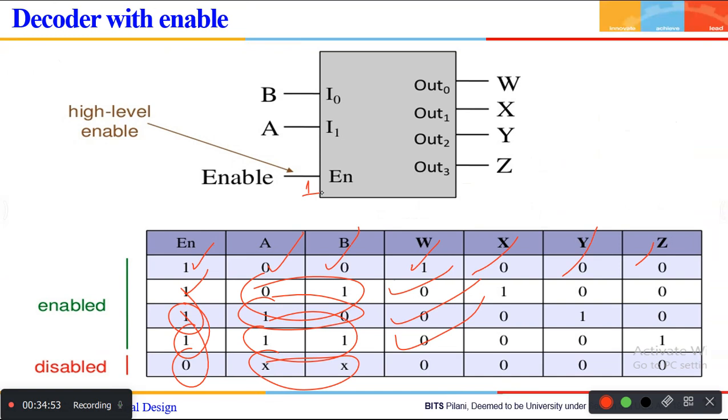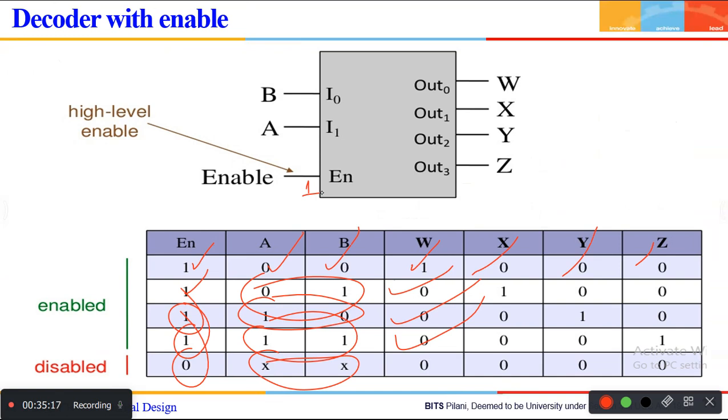That means dead. That is the purpose of the enable input. It is almost like switching on and switching off the entire chip to be functional. That's what enable is.